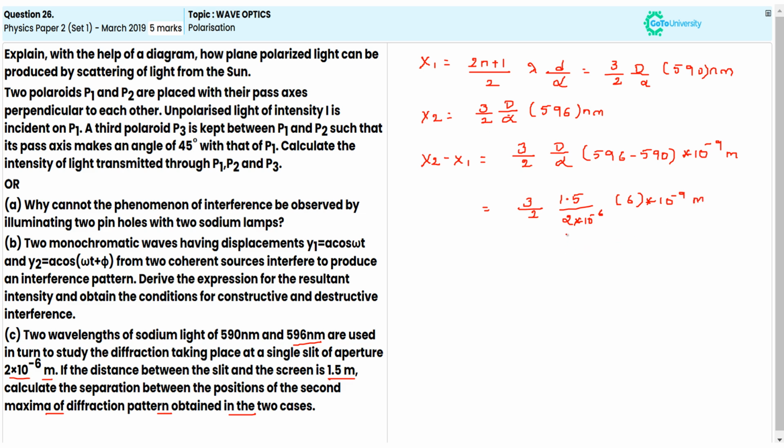Then we will get the result, which is equal to 6.75 into 10 to the power of minus 3 meter, or in terms of millimeters, it is 6.75 millimeters.